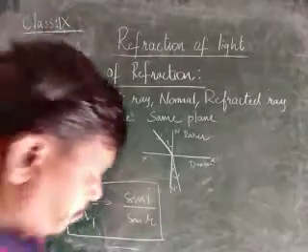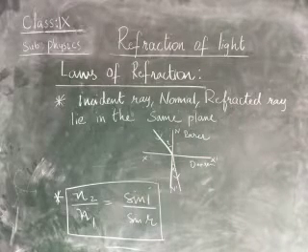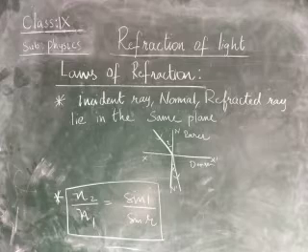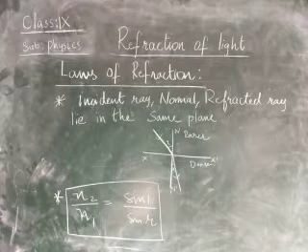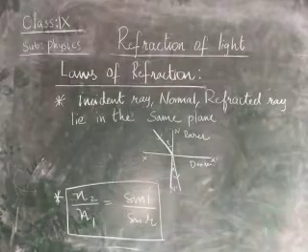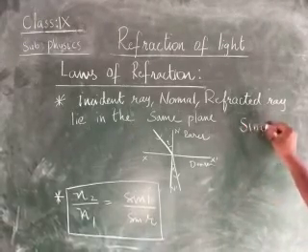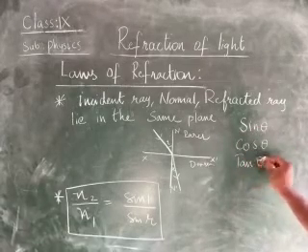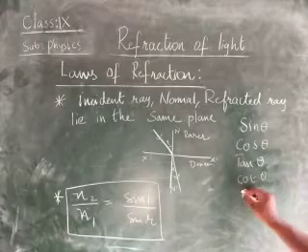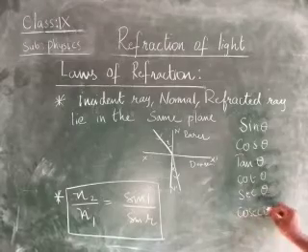I don't know whether you have completed the chapter on trigonometry. In the 10th class, we will be learning about trigonometric ratios, that is sin theta, cos theta, tan theta, cot theta, sec theta, and cosec theta.